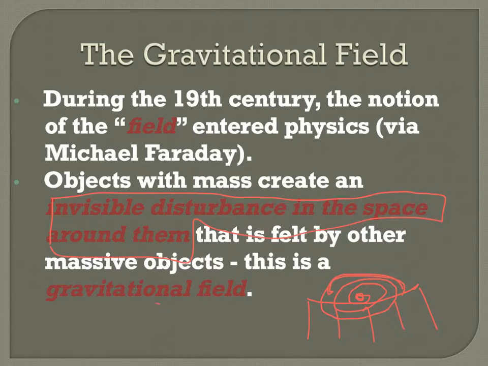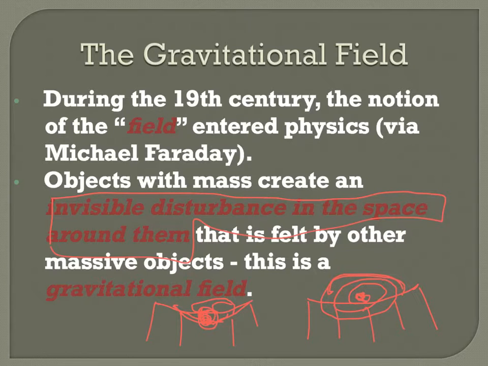But let's say you take that same trampoline and you put a bowling ball, which is a little more massive. It's going to pull the trampoline down further, so when you spin those marbles, they're going to move to the center really fast. So this is how you can think of this. Things that are really massive disturb the space around them. The golf ball will disturb the trampoline a little bit, but the bowling ball will disturb it a lot and pull it much further down.